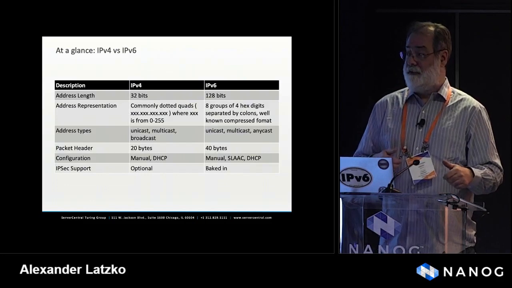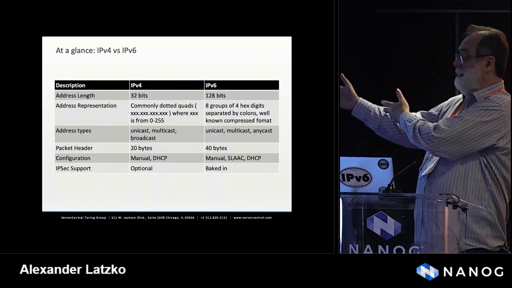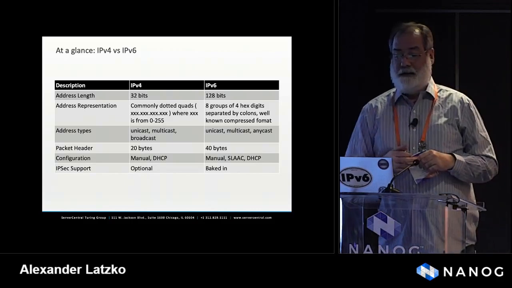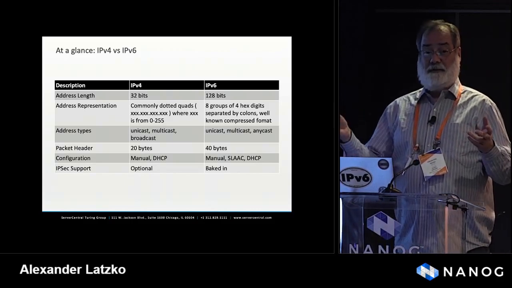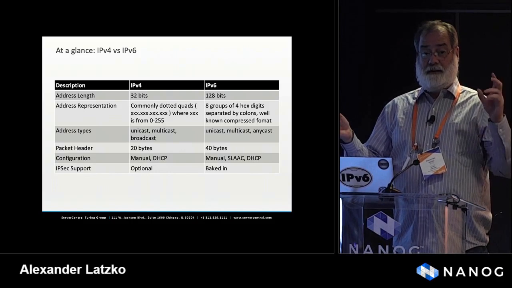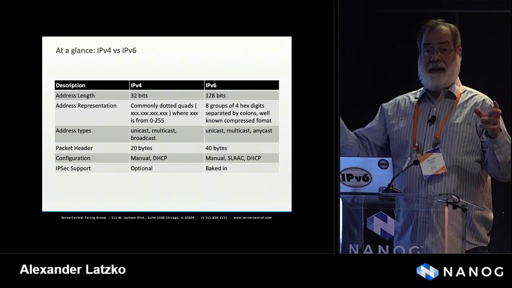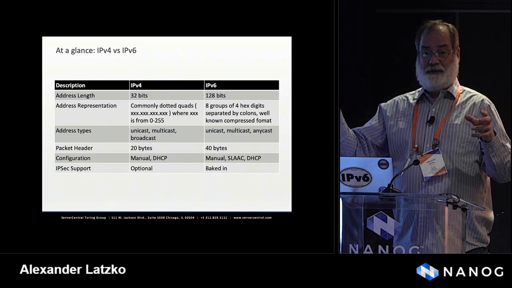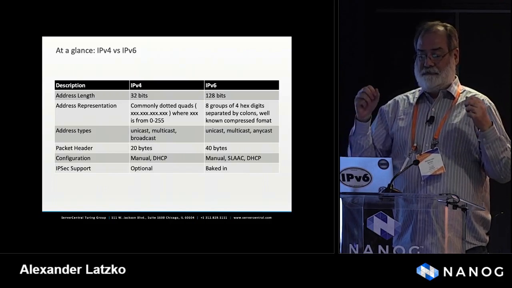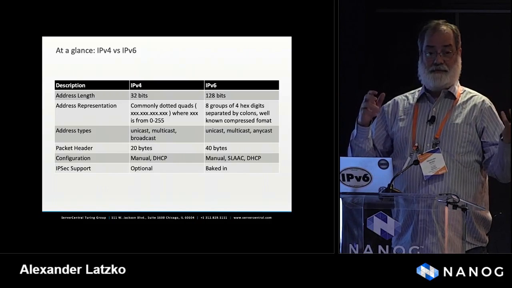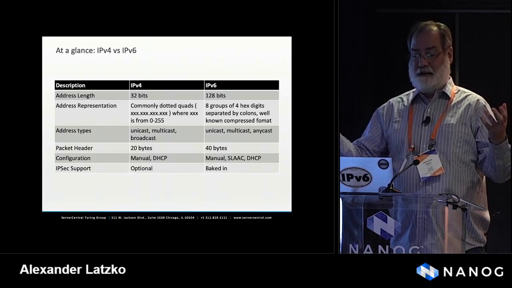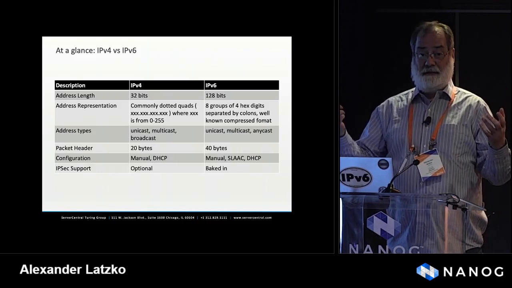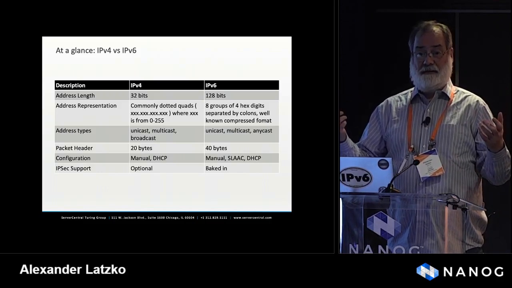This is my breather. Have a chart. Sorry. Okay. So differences. 32 bits, 128 bits. You can take all of your v4 address space and just map your physical address representation into a v6 address. Address types: unicast, multicast, broadcast versus unicast, multicast, anycast. Your packet header sizes are different. v6 is bigger. Get over it.